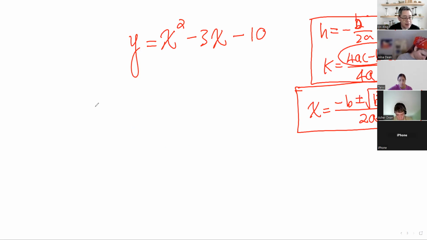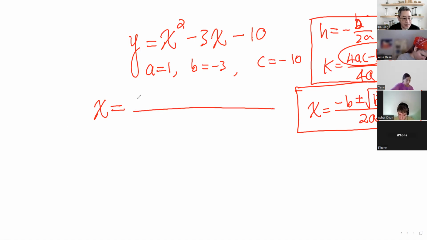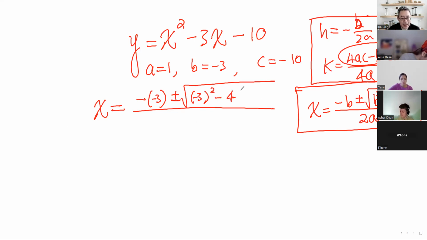Well, let's see. We know our A is 1, B is negative 3, C is negative 10. We got minus B, B is negative 3, so we have that. Then we got B squared, which is negative 3 squared. Minus 4 times 1 times negative 10. Oh, yeah, that's where I messed up.